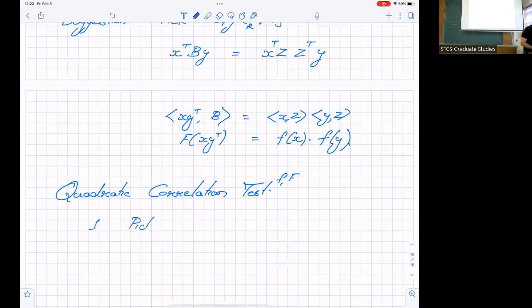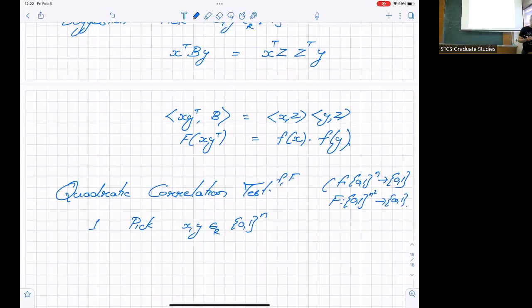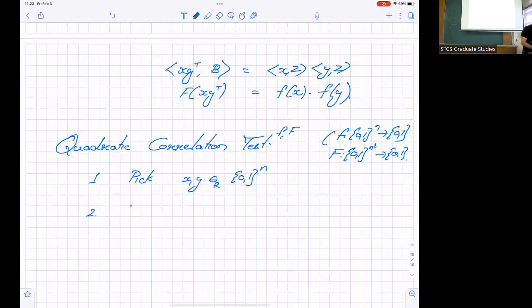You pick x, y at random from {0,1}^n. Small f is from {0,1}^n, capital F is from {0,1}^(n²). Pick x, y at random. Pick a random matrix N from {0,1}^(n²).